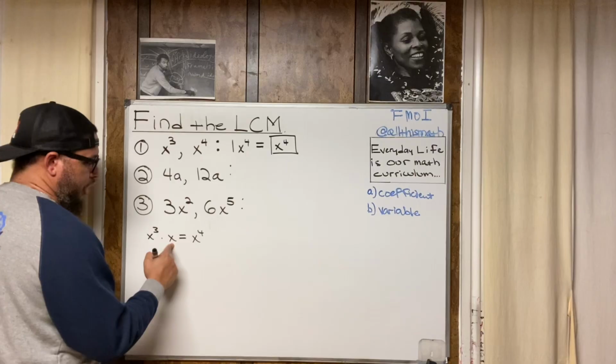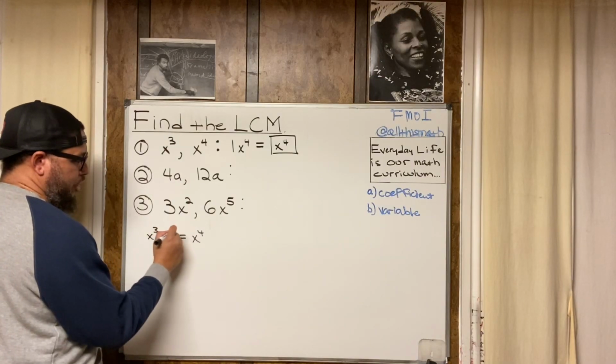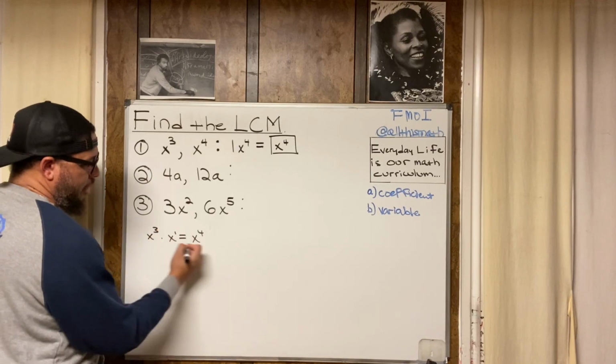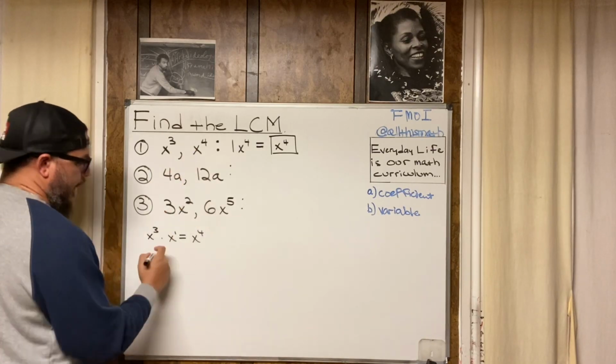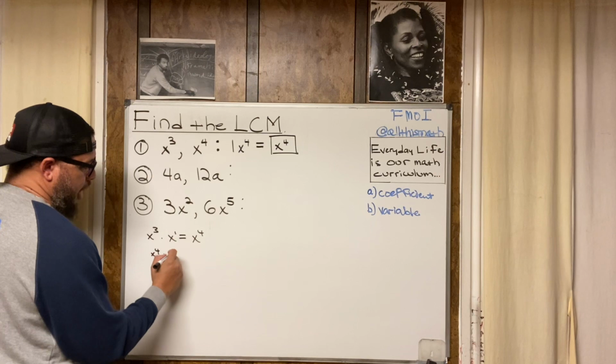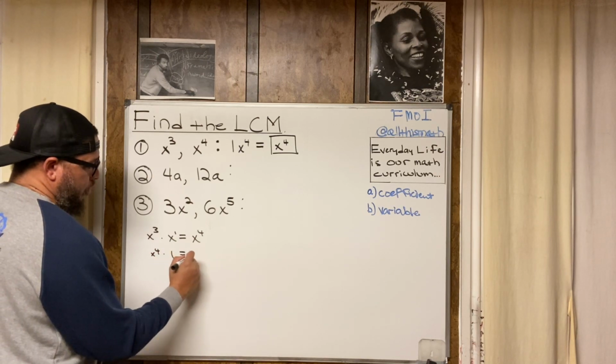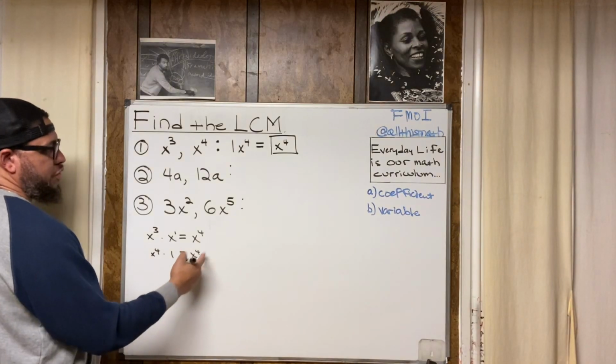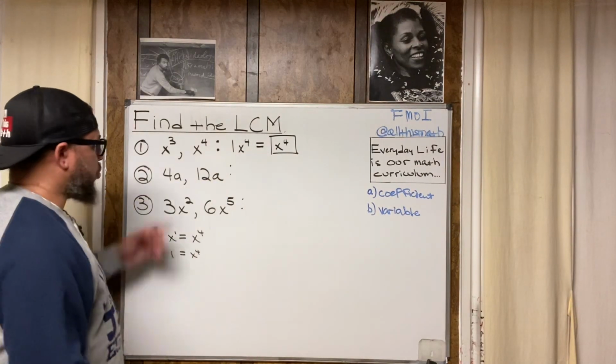This has an invisible exponent of 1. 3 plus 1, when you multiply, you add the exponents. So that's going to be x to the 4th power. I could do x to the 4th times 1, which is just x to the 4th, to get x to the 4th. That's why x to the 4th is the LCM of those two variables.